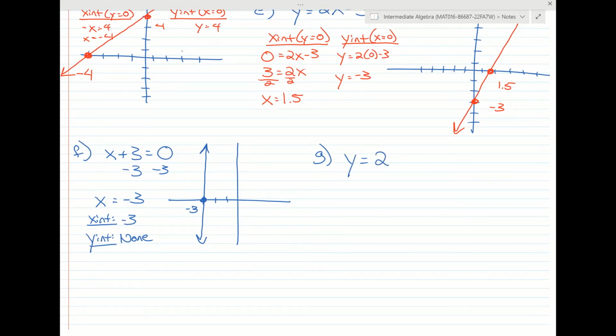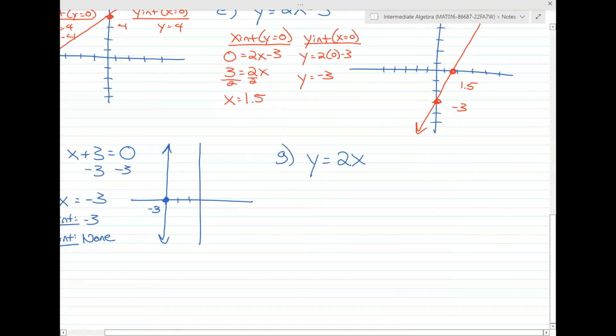Last one for this section is y is equal to 2x.